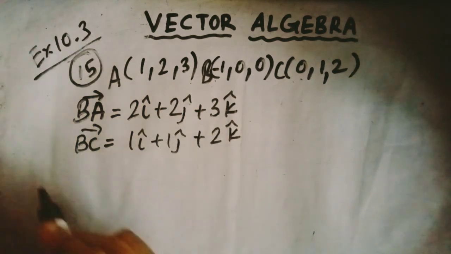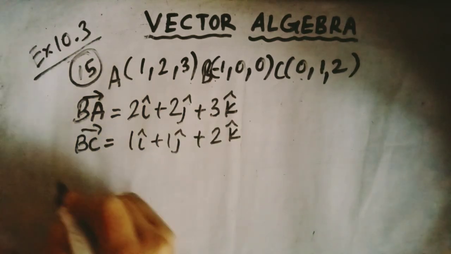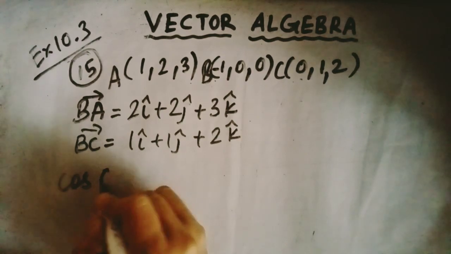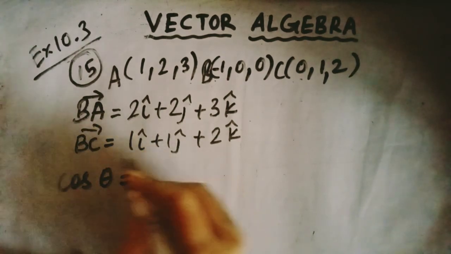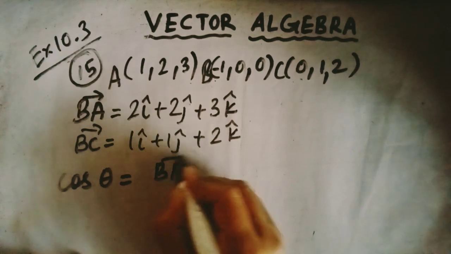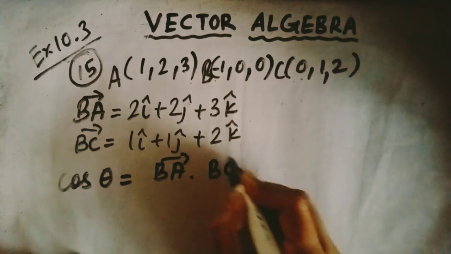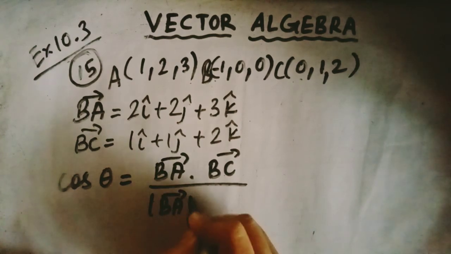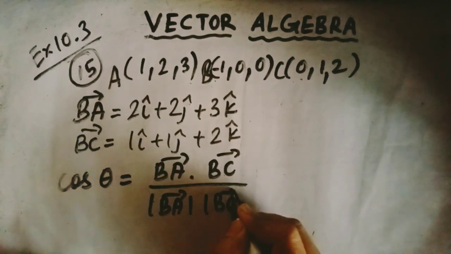Okay, so now angle between the two vectors is given by cos theta equal to dot product of both the vectors upon magnitude of both the vectors.